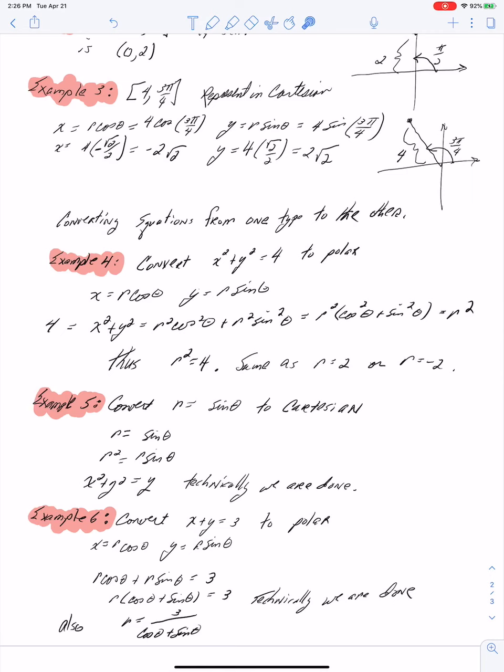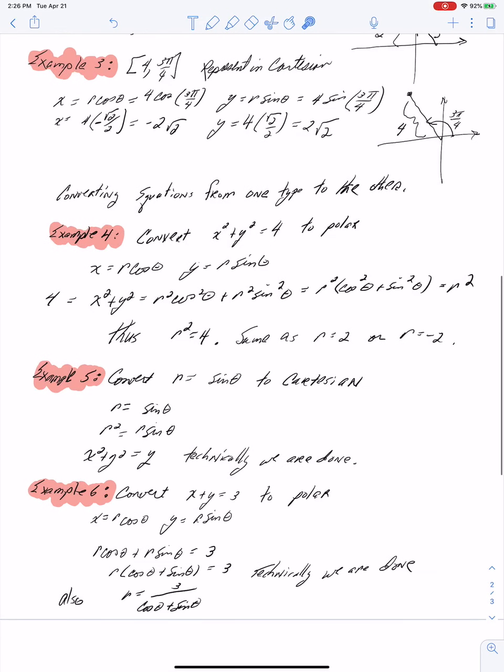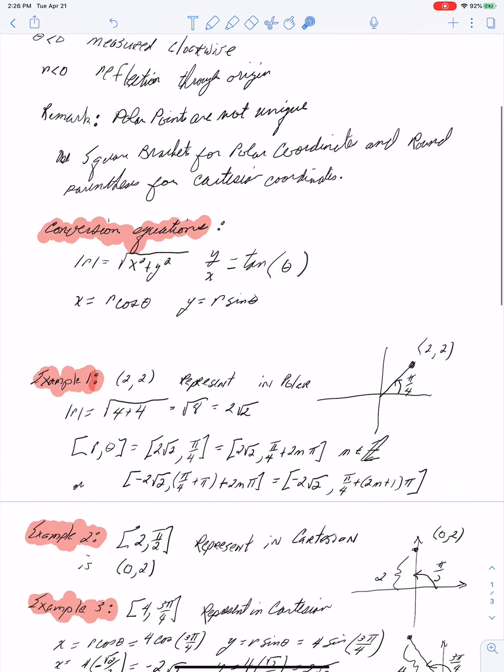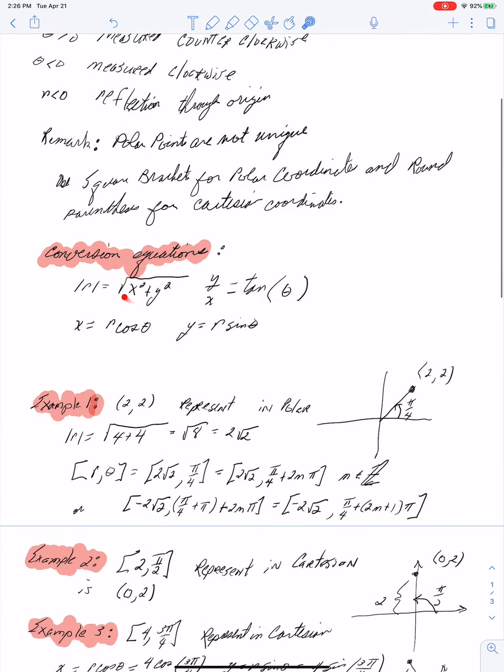All right, now suppose I want to take this equation, r equals sine theta, and convert it to Cartesian. Well, the slick way to do it is this. R equals sine theta. I'm going to multiply both sides by r. Why? Because on this side I get r squared, and on this side I get r sine theta. Now, what were my conversion equations? I know what r squared is. It's x squared plus y squared.